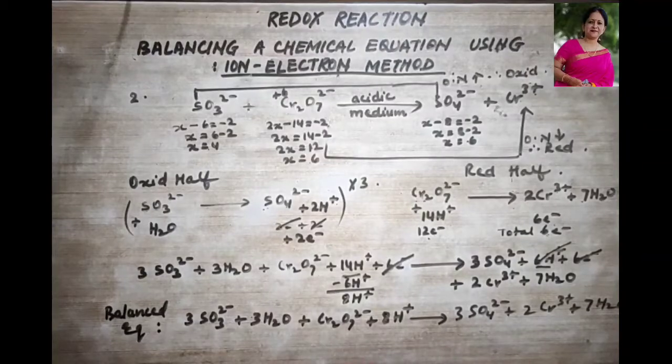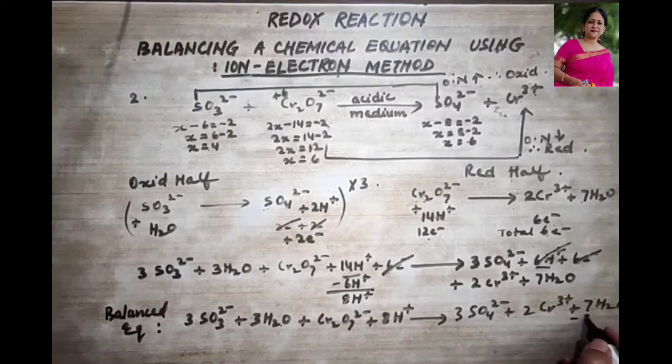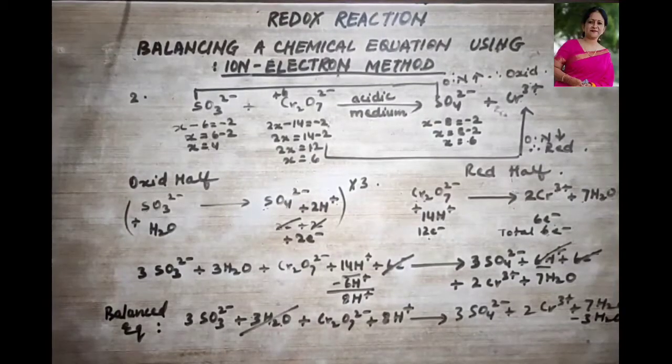Now, though it is your complete equation, something more was still left over here. We missed out. There are 7 water molecules this side and 3 water molecules this side. So what if I take my 3 water molecules that side? So 7 minus 3. This is going to cancel out my water over here. We need to cancel out as much as we can.